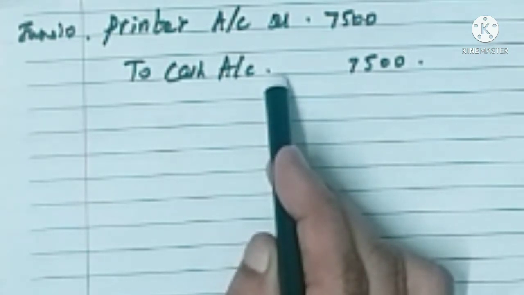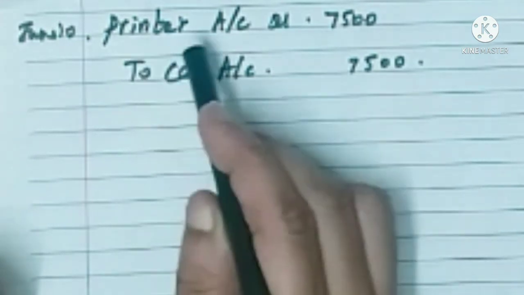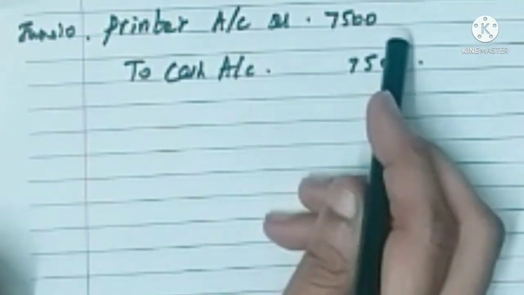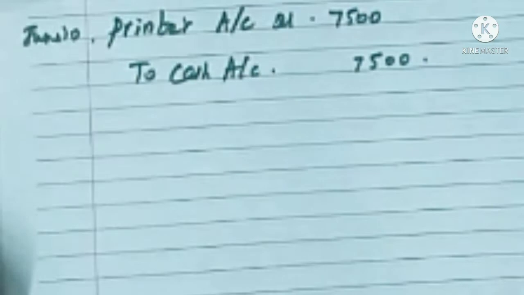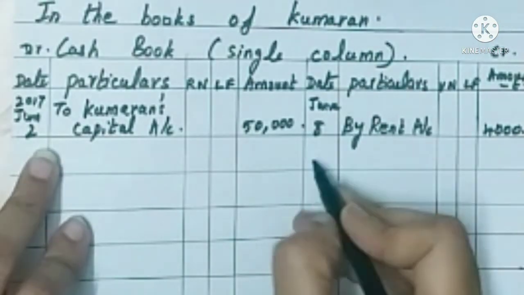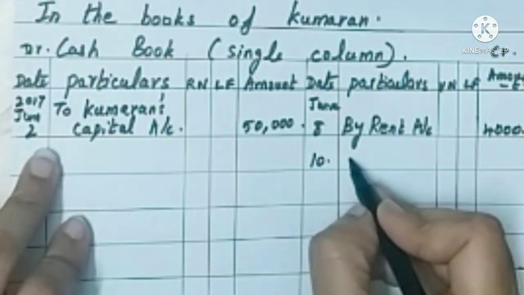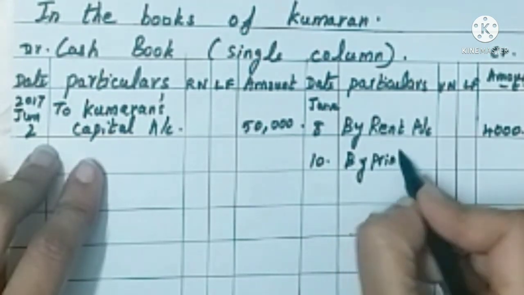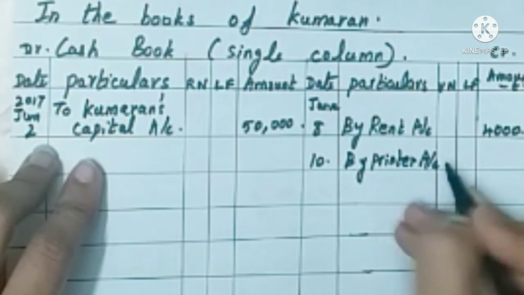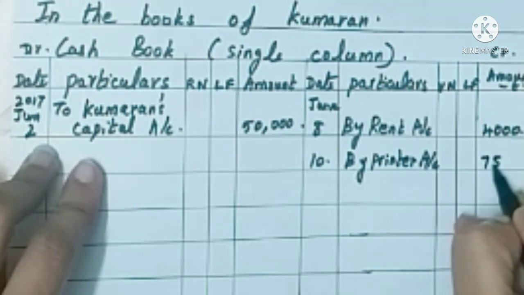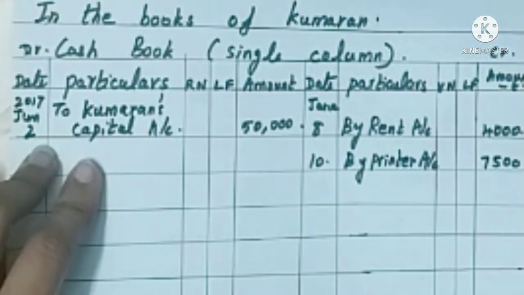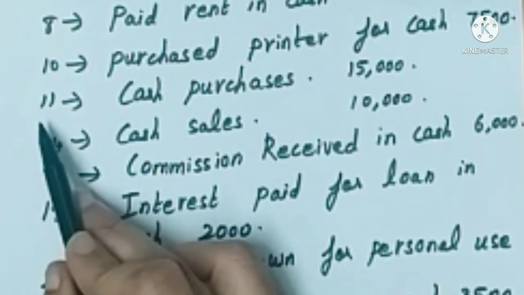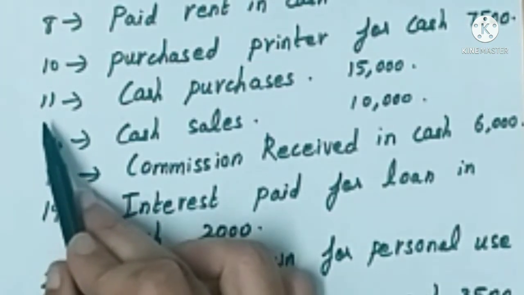So now I am going to write it on the credit side of the cash book by printer account 7,500 rupees. So on June 10th by printer account 7,500 rupees. The next transaction is on 11th June.